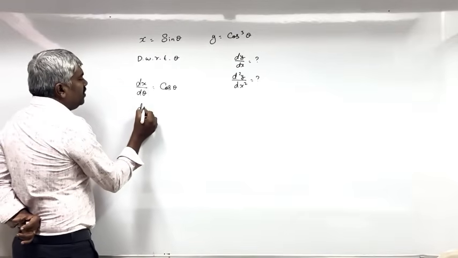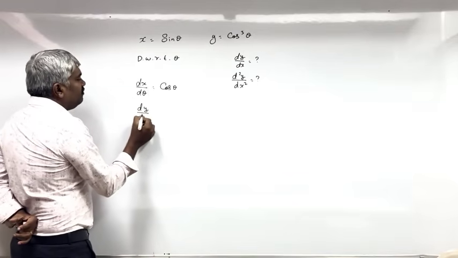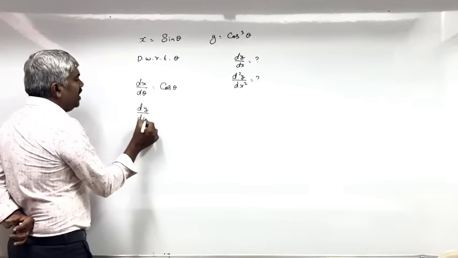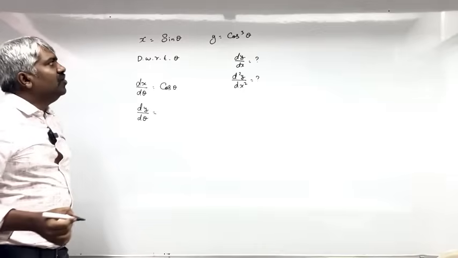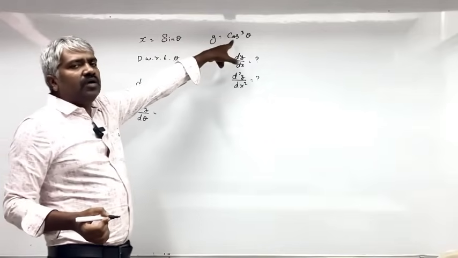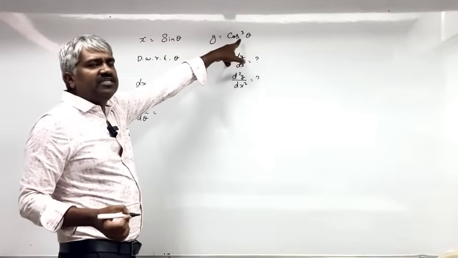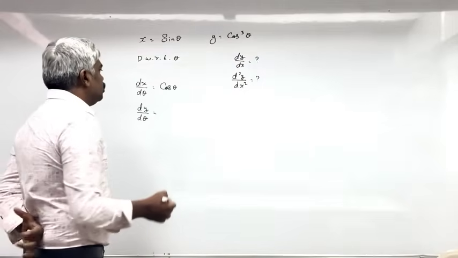Then y. The differential of y is dy by d theta. Now I need to differentiate the term cos cube theta.